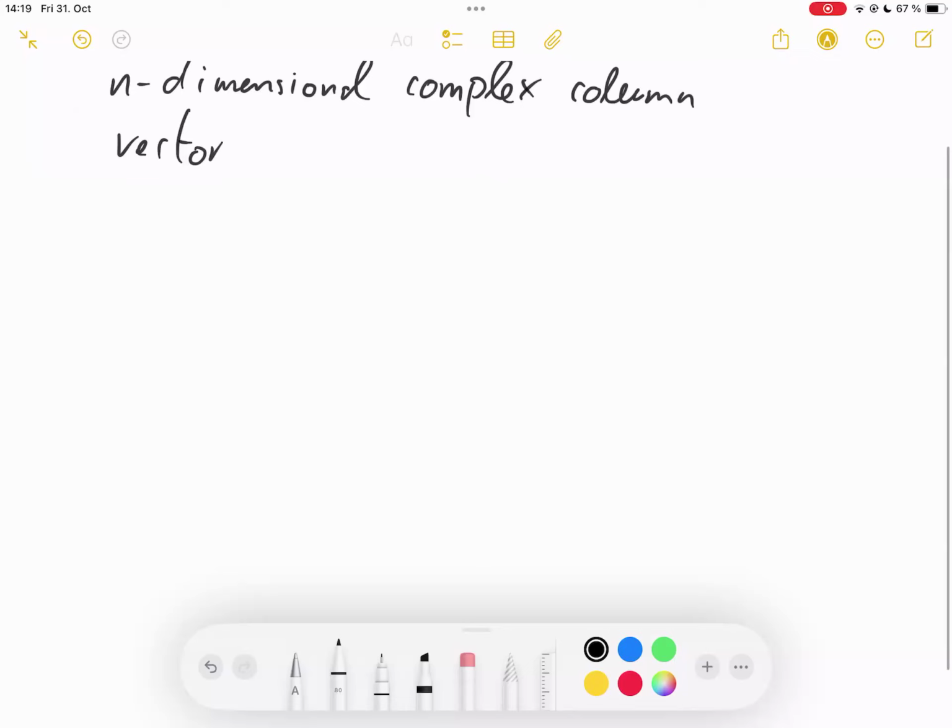So we'll have n entries, and this will look something like this. So we have n complex entries. We have C0, C1 up to Cn minus 1.